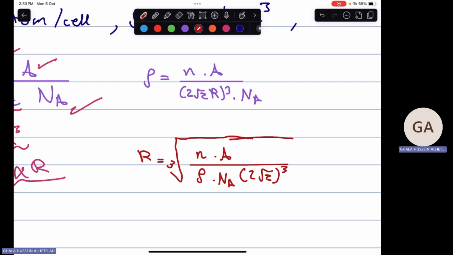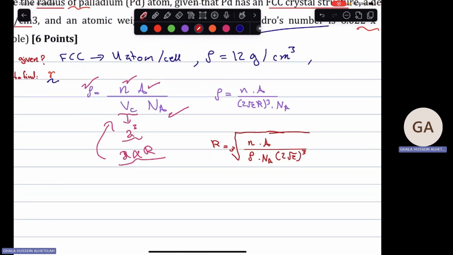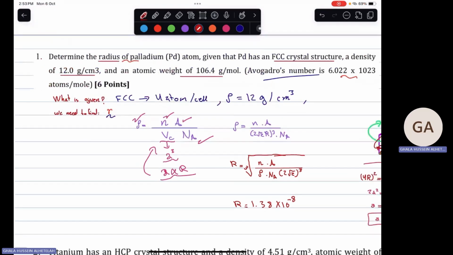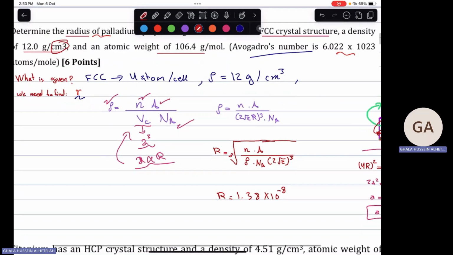Okay, just plug in the numbers and you will find that r is equal to 1.38 multiplying by 10 to the power minus 8. Of course, as you notice, the unit here, since the density is in centimeter, the radius that we will get is in centimeter.